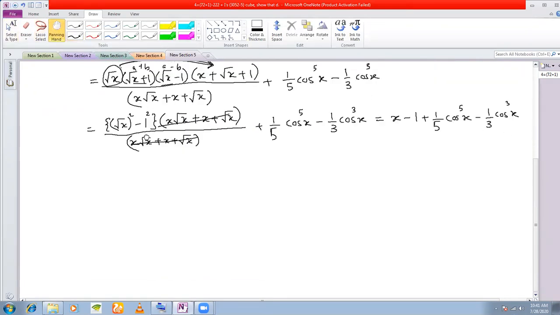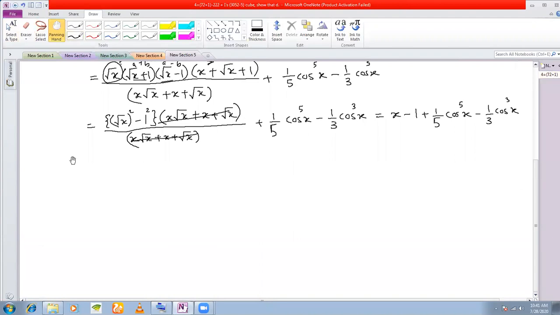Now we are going to differentiate. We have simplified this, so therefore dy/dx is d/dx of, let's say first write everything here, x minus 1 plus 1/5 cos to the power of 5x minus 1/3 cos cube x.